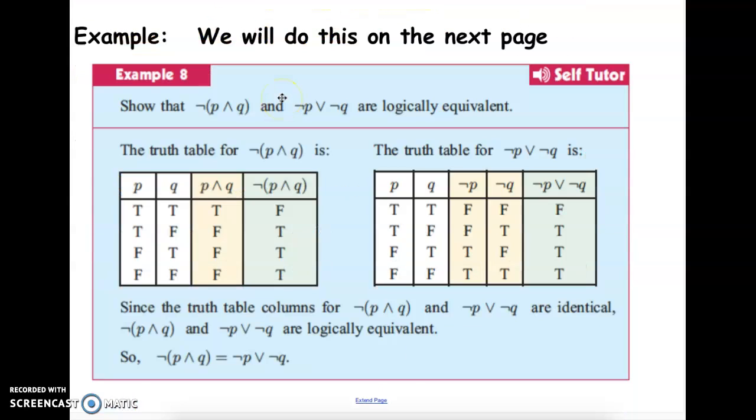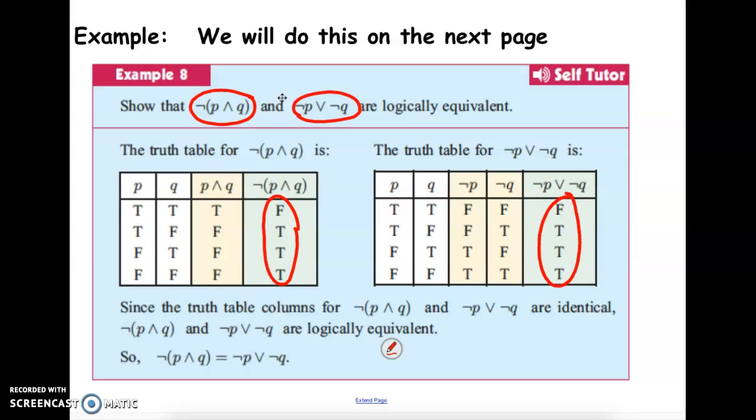So if we look at this example, it's asking you to do a truth table for this symbol, and the final product is right here in the green. And then this symbol set has the final green column.